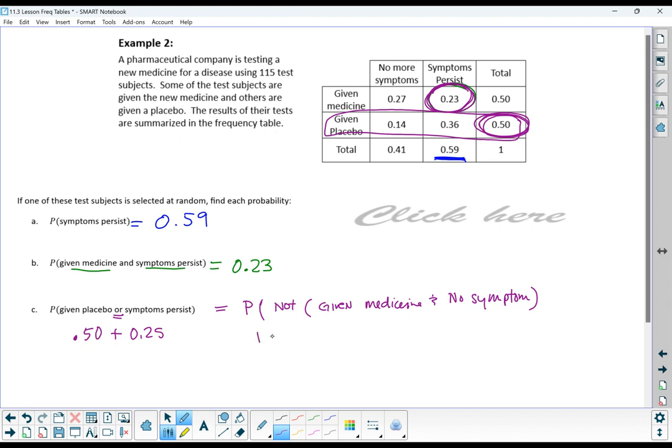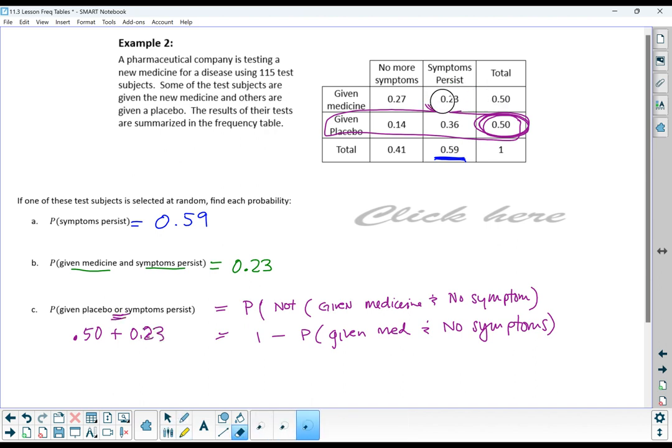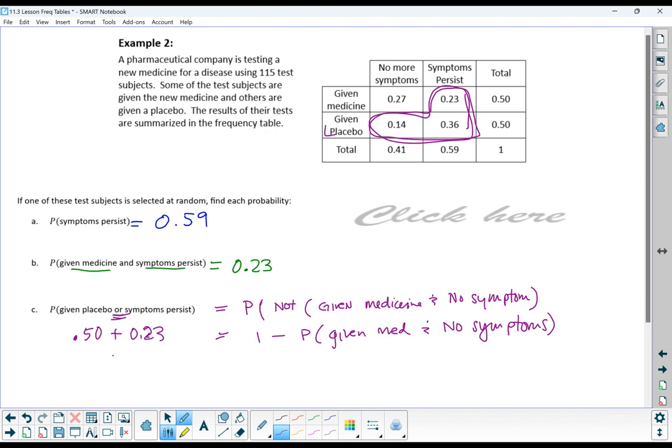So it'd be 1 minus the probability that they're given medicine and have no symptoms. And if that's a tricky thing to think about, you don't need to think about it that way, but when you see an or like this, you do just need to think about all of the people that includes. So it would be these three groups. These are all of the people who are either given the placebo or their symptoms persisted. And so we just add that together to get 0.73.